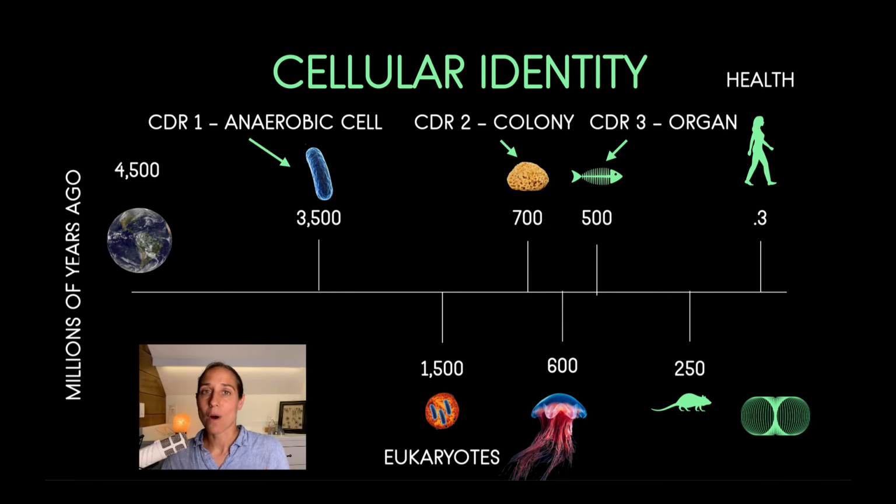So if we look at how our cells evolved and then how we evolved, we can see that the cell danger response corresponds to these different stages of evolution, which is really kind of similar to how each of us develops from a single-celled fertilized egg all the way through embryo and infant and so on. So when a cell enters the cell danger response, it becomes more like an individual anaerobic cell that's not using oxygen.